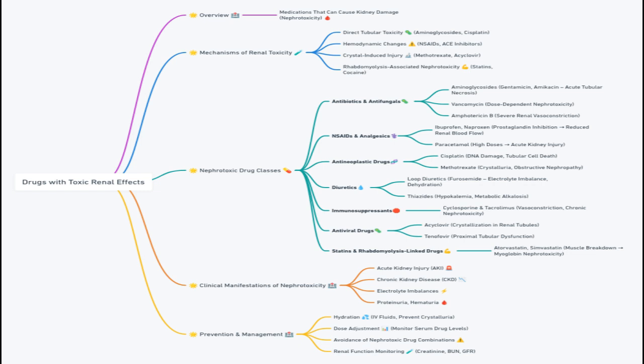Some classes of drugs possess multiple ways of inducing renal dysfunction. Right, so the nephrotoxic drug classes include antibacterials, NSAIDs, ACE inhibitors, angiotensin 2 receptor blockers, antivirals, antifungals, and chemotherapeutic agents.